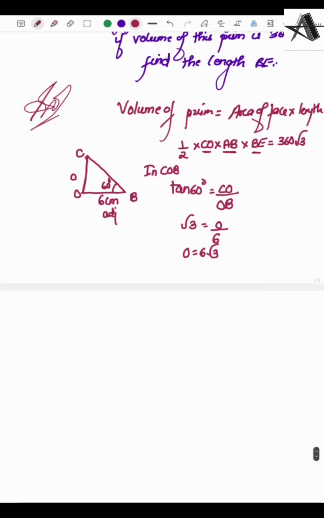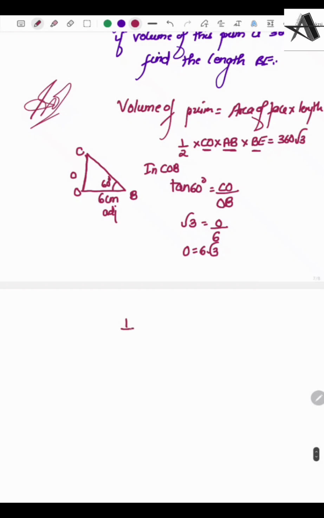So putting the values here, half times CO. If you don't know the values, I shared them when we did the sine rule and cosine rule in yesterday's video. You have seen at the very end I described a few values that you have to learn for the non-calculator paper. So tan 60 is one of them.